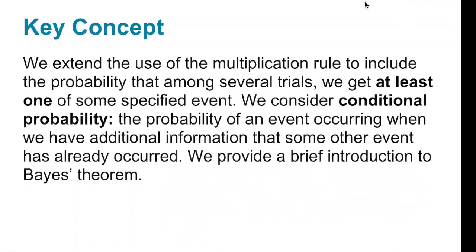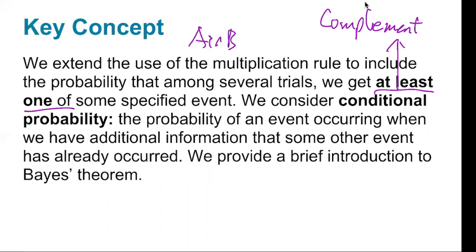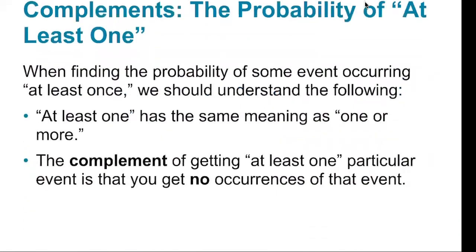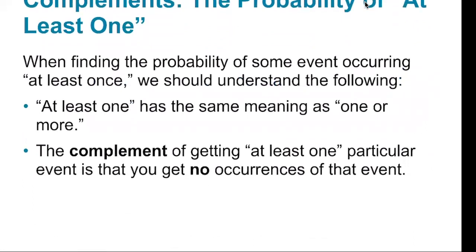Okay, we're going to do the at least one problems first because these involve the complement. We kind of did this in the last section with the Airbus and the hydraulic systems. We actually used the complement to solve that problem. Now, at least one.